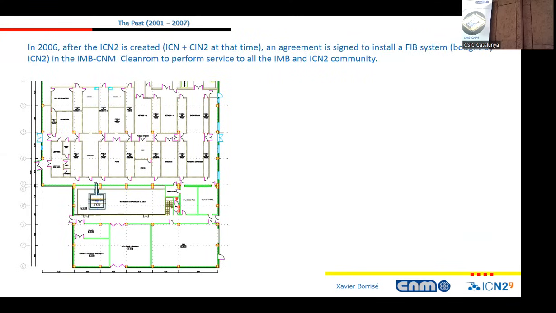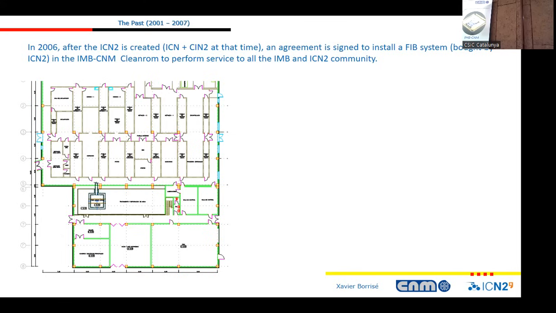Later on, in 2006, there was ICN2, which was not yet created. What was created was ICN and the CN2, and there was an agreement with the institute for several things. One was to buy a focus ion beam system, which was installed in these facilities, to give service to everybody.